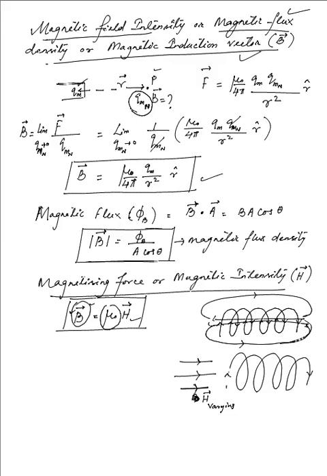As a result of that, you have its own field to be acting, and that is B vector, and that has been induced. So that is why we have this to be the magnetic induction vector, which is obviously due to this magnetizing force that is provided, or the magnetic intensity. So we define the magnetic intensity or the magnetizing force simply as the magnetic induction that occurs per unit permeability.